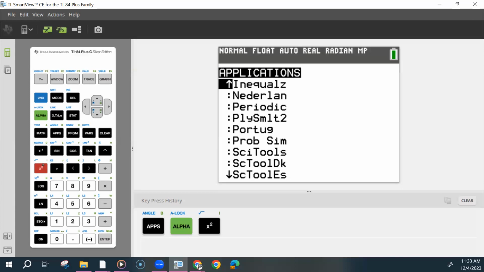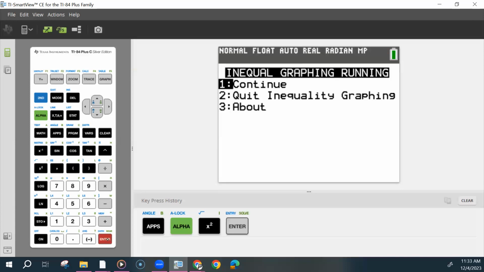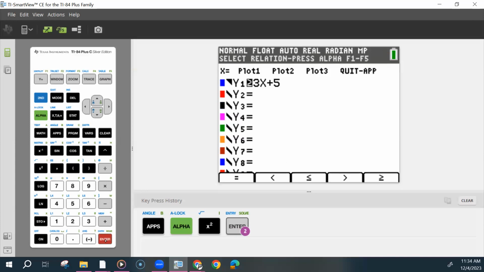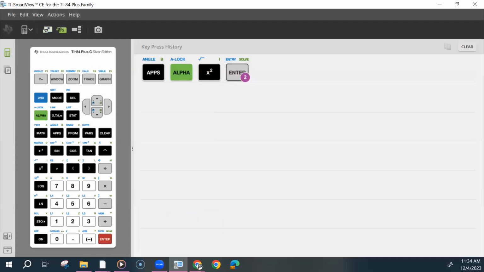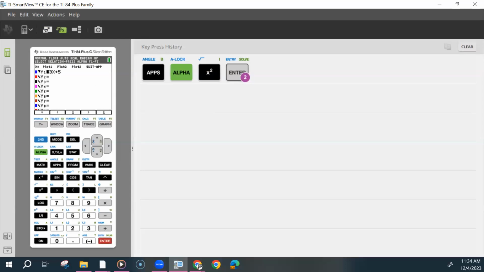Okay. So go into inequalities, hit enter. If you get a screen that looks like this, you were already in it, so just hit continue. If you don't see a screen that looks like this, you just got in it. If you hit continue, it should take you to this screen. If you didn't hit continue, go into y equals. I'm going to use the two examples that are on your paper.